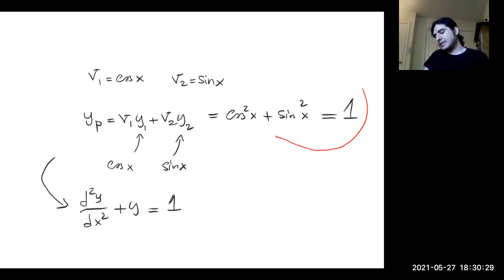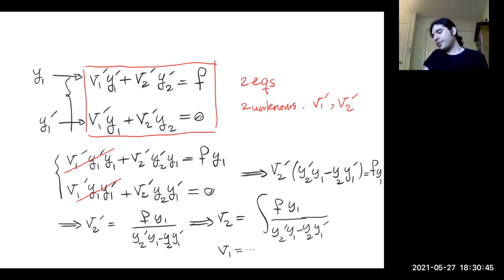But the point here is that if this 1 is any function f, this method should work, at least in good cases. The only point is that when you want to take the integral in the last step to find v1 and v2, first you would find v2 prime or v1 prime, and then you should take an integral.